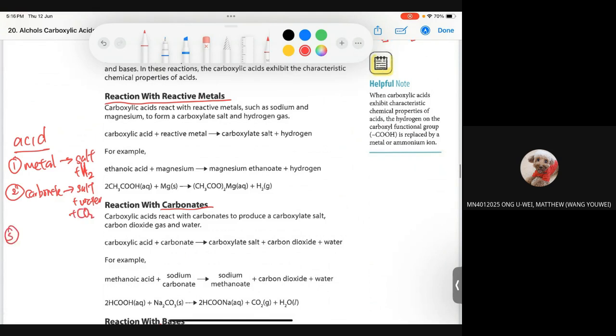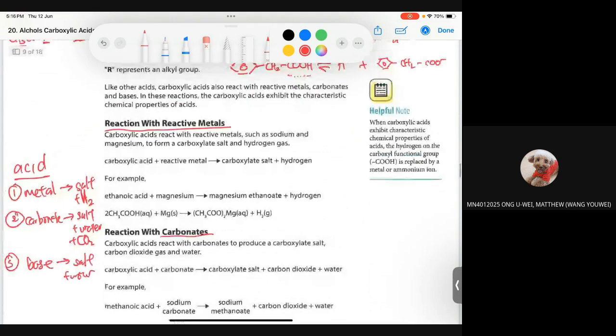It can react with my base to give me salt plus water. Okay? I will go through this a little bit because the naming convention needs to be there. So let's take a look at this. Now, acid plus reactive metal, I get my carboxylate salt. So if I got carboxylic acid, I got carboxylate salt plus hydrogen.